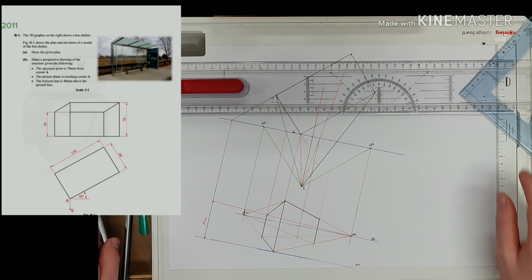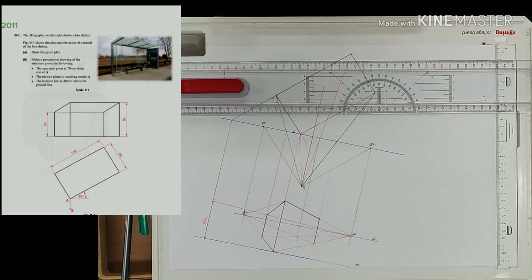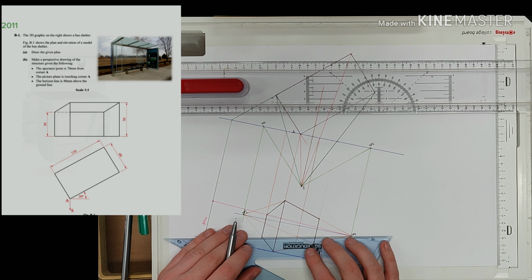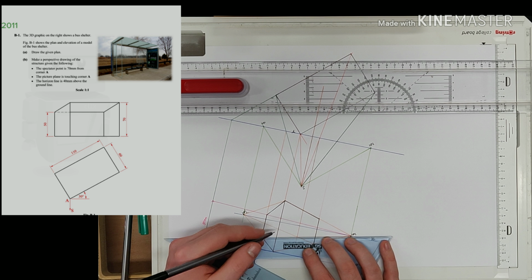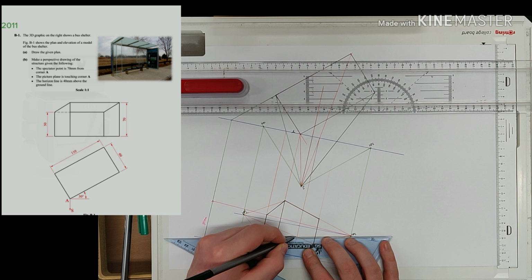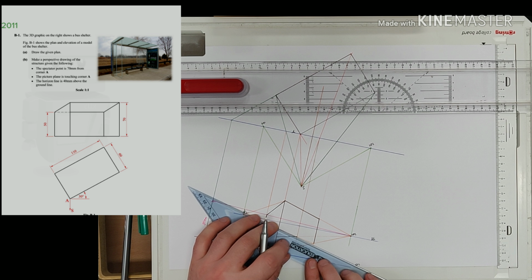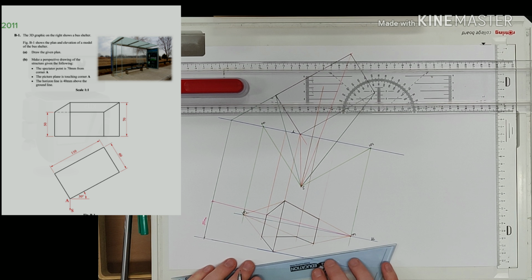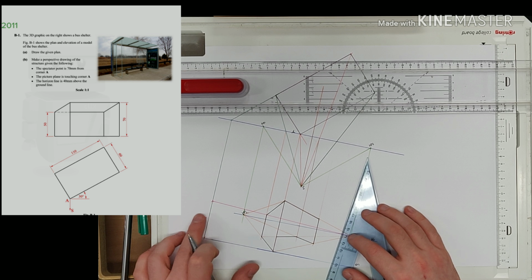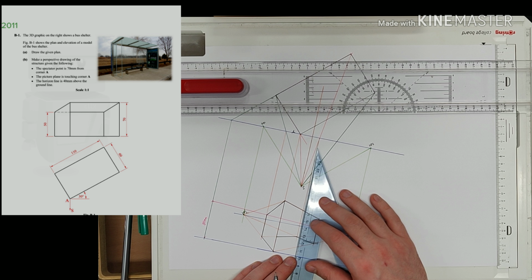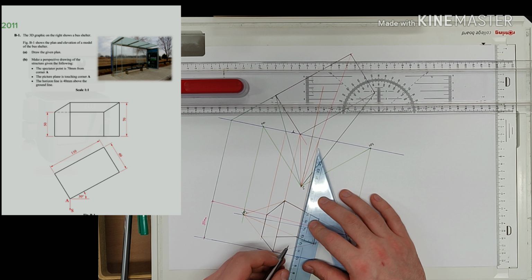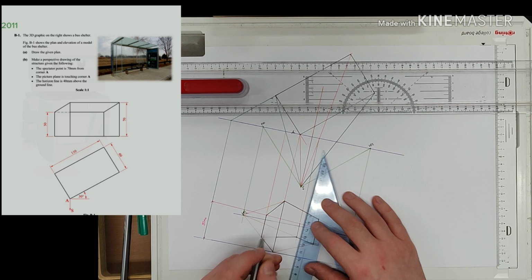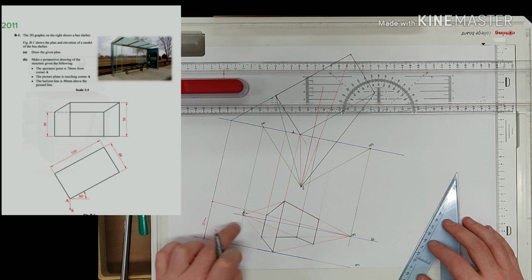So I can now darken in the last couple of lines along to the bus stop. Up as far as this line here at 50, which we found earlier on.